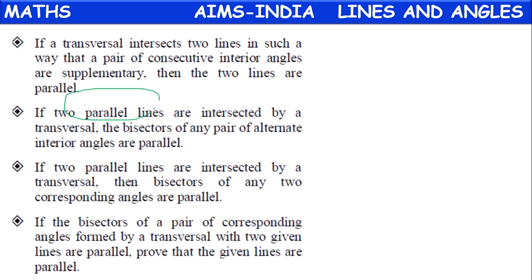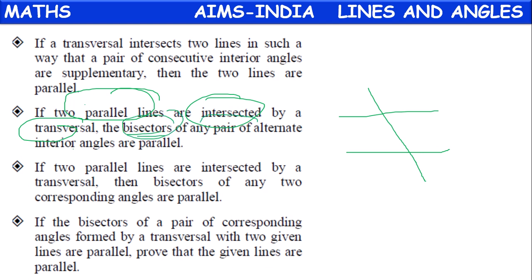Next, if two parallel lines are intersected by a transversal, the bisectors of any pair of alternate interior angles, this is one pair and this is the second pair, so we have two pairs here.